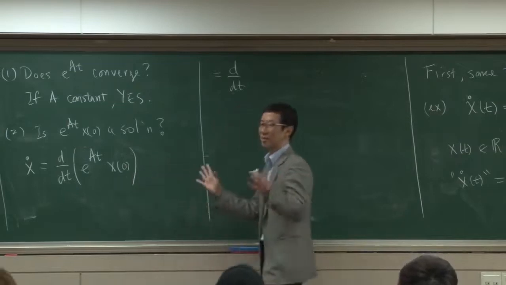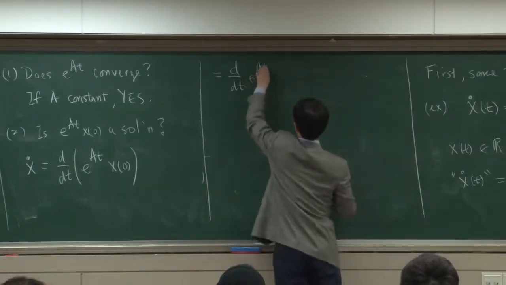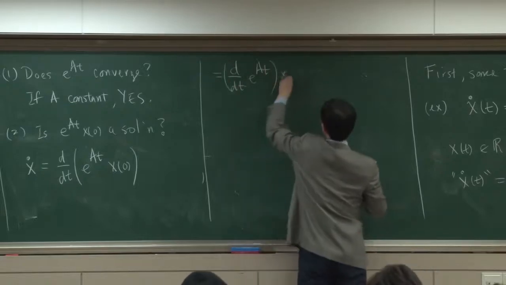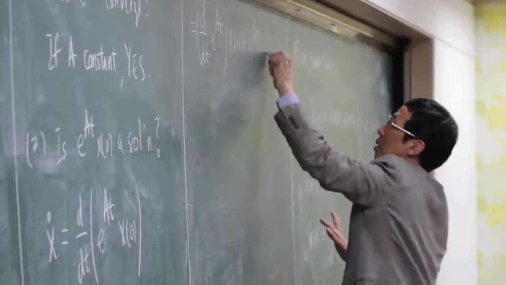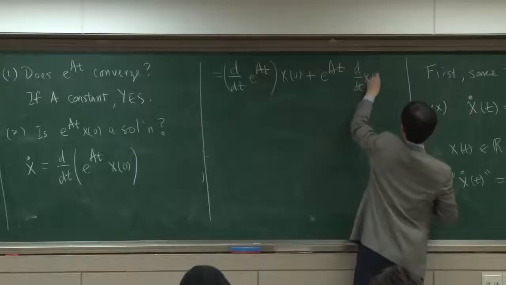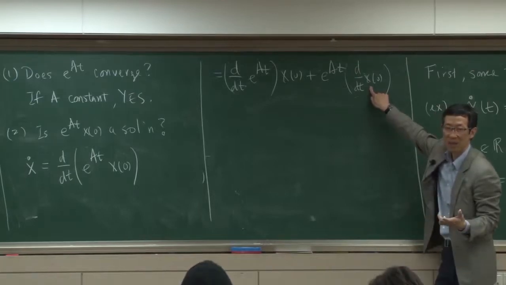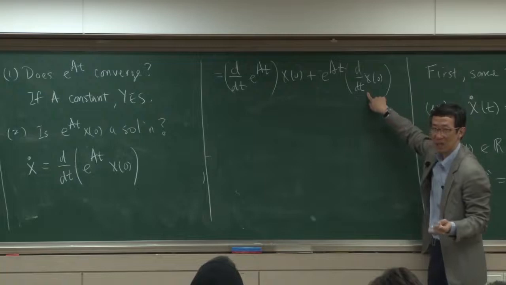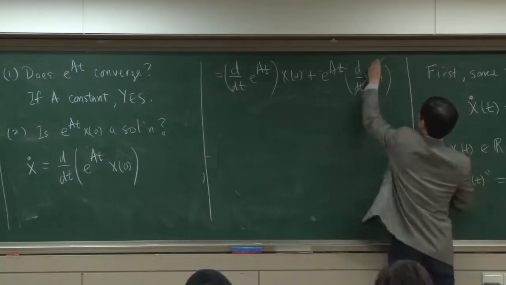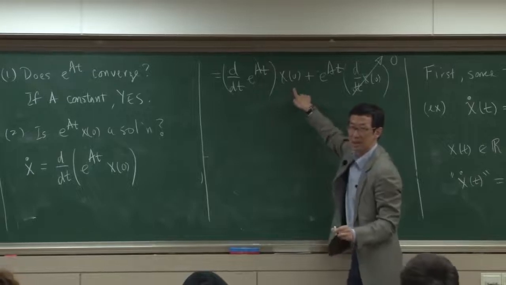That's standard, right, the product rule. So it's d dt of e to the at times x0 plus e to the at times d dt of x0. Now x0 is given, it's constant, so it doesn't change with time. So that's 0. So we only need this.